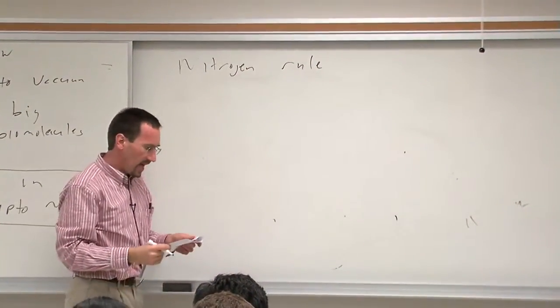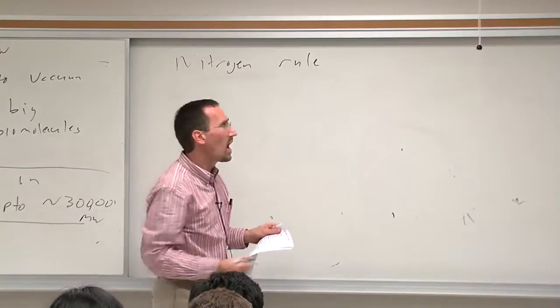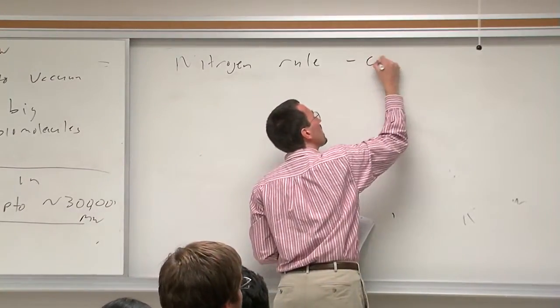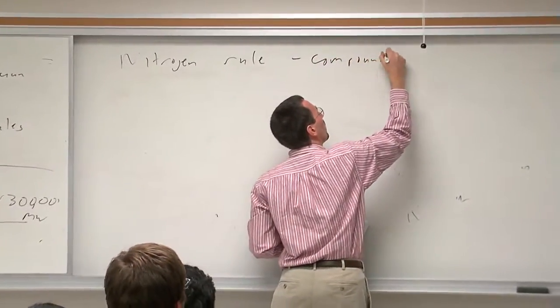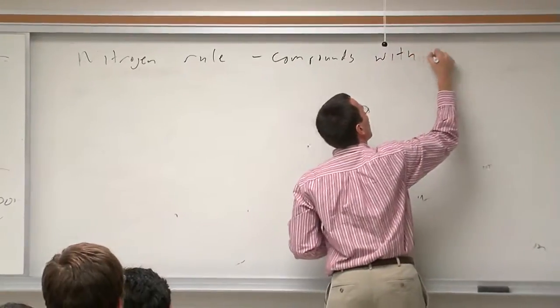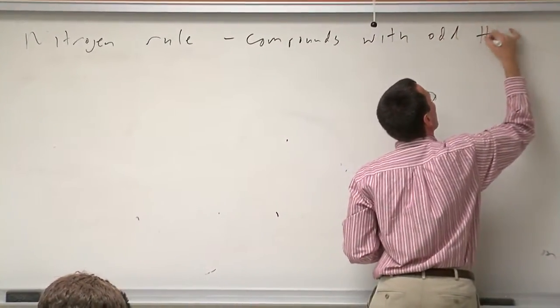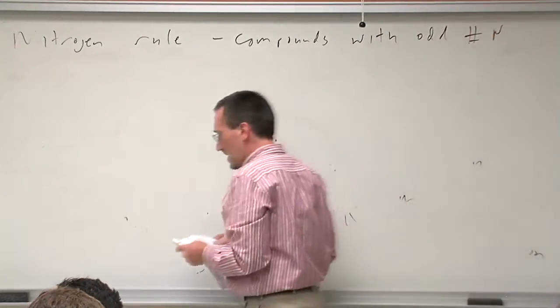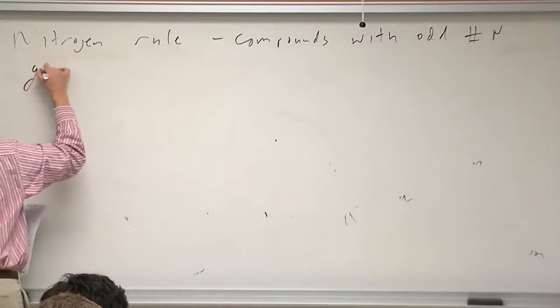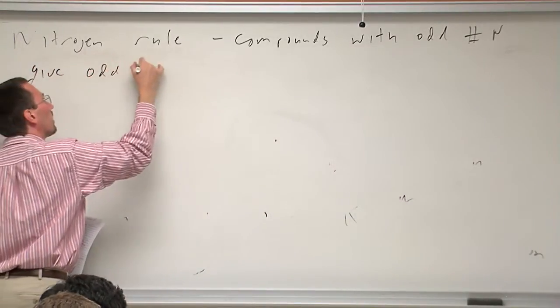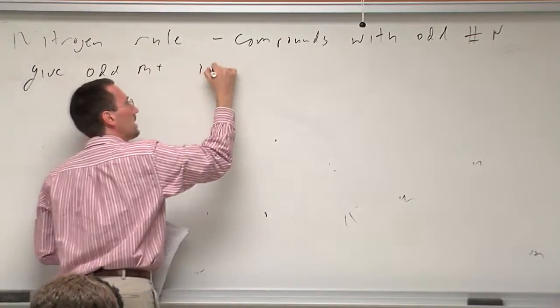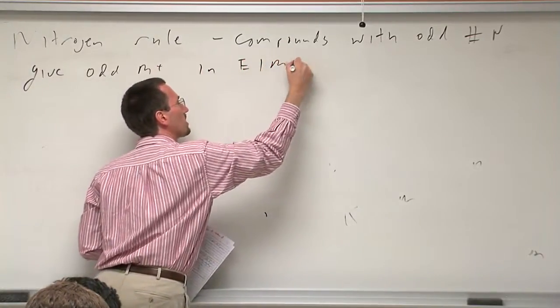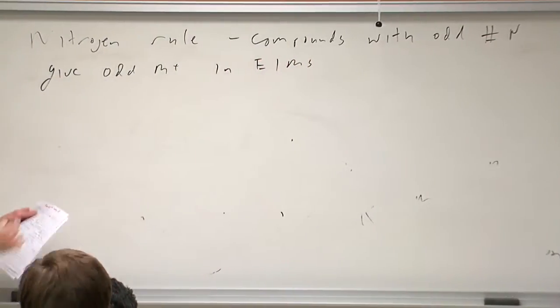Nitrogen rule is that compounds with an odd number of nitrogens give odd M plus in EI mass spec. And you can convince yourself of this.